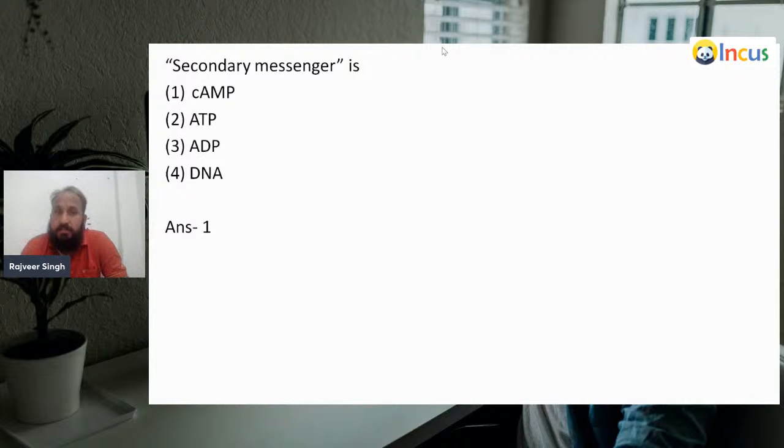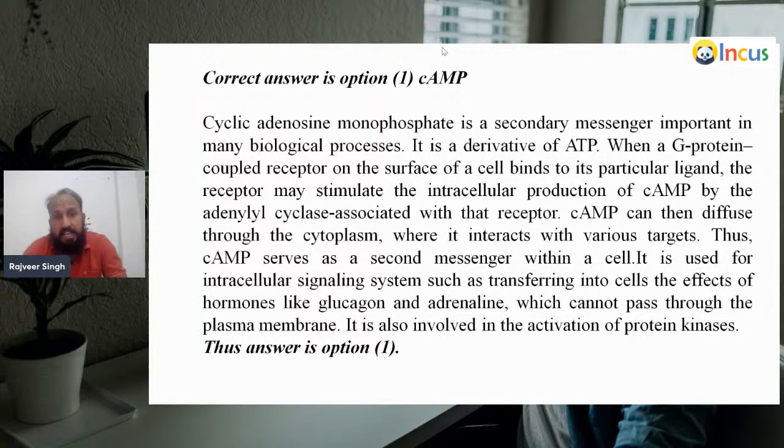Next one, the secondary messenger is what? Cyclic AMP, ATP, ADP, DNA. Yes, the answer will be first, cyclic AMP. Why? Because cyclic adenosine monophosphate is a secondary messenger important in many biological processes. It is a derivative of ATP. When a G protein coupled receptor on the surface of a cell binds to its particular ligand, the receptor may stimulate the intracellular production of cAMP by the adenyl cyclase associated with that receptor.